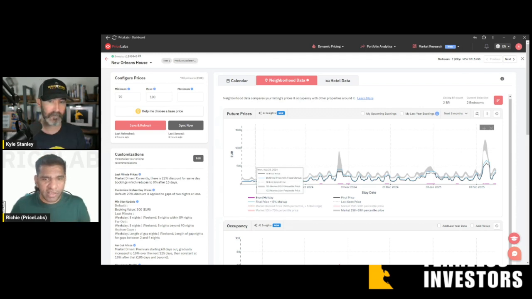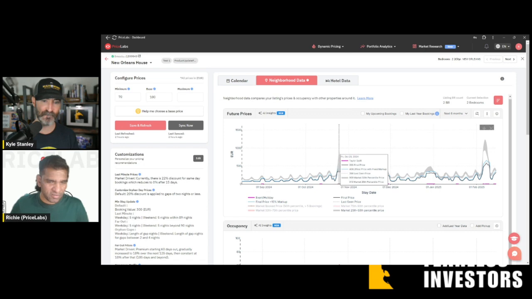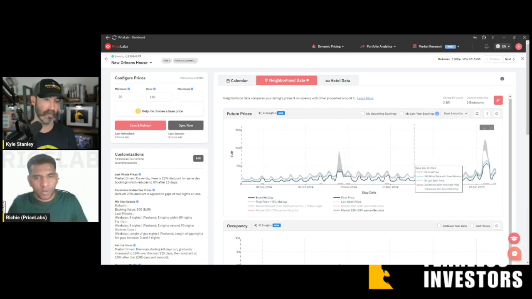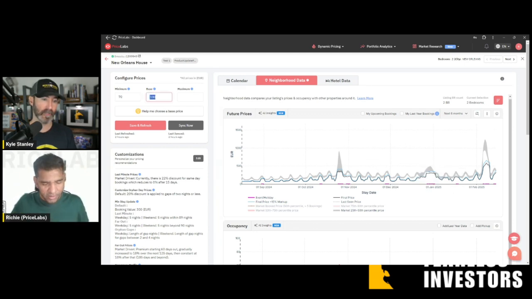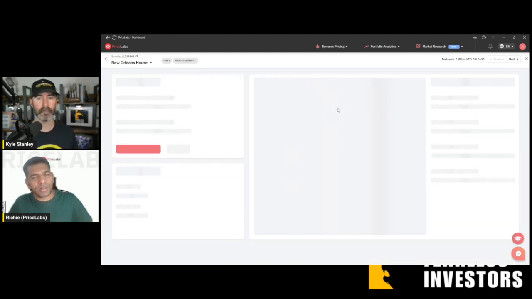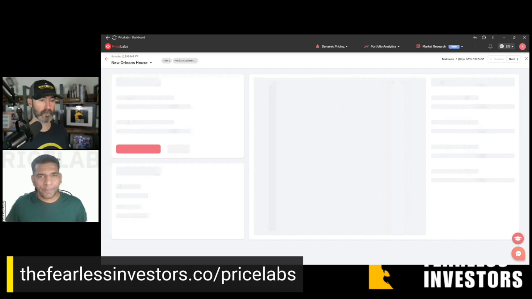Perfect, perfect. And just a quick tip here. For example, this is obviously a dummy listing, and so you're seeing the black line quite below that gray line. But if I wanted to move that black line up, I'm going to essentially move my base price. So if I move my base price to say 150, maybe that would do it, maybe not, right? But that will then move my black line up.